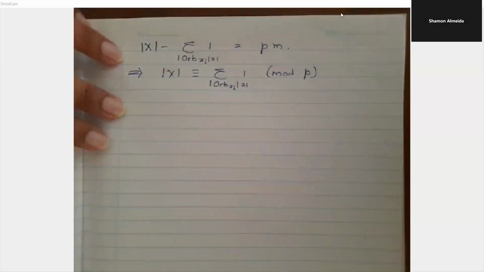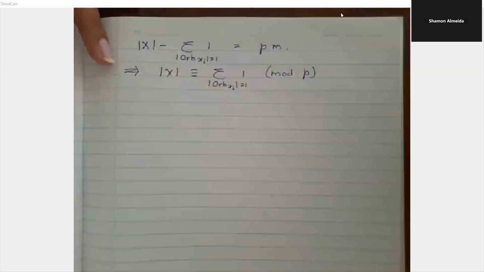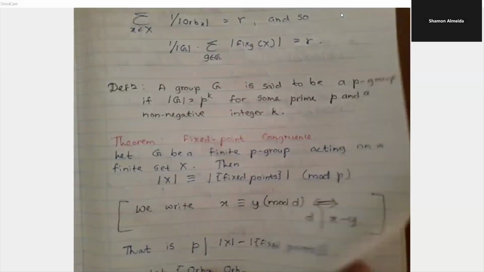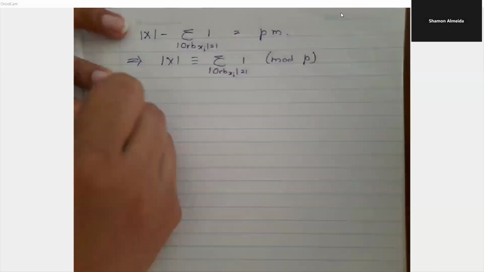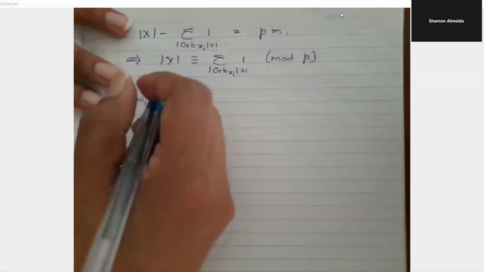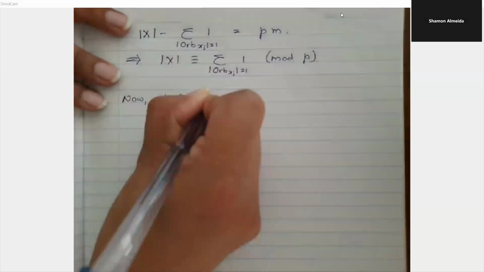We are almost done. All we have to show is that this quantity is the same as the number of fixed points, right? That number is the same as the number of fixed points. Okay. Now, let's take the orbit of xi if its order is equal to 1.